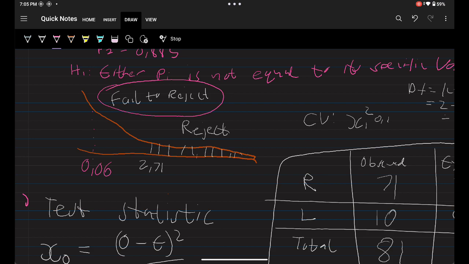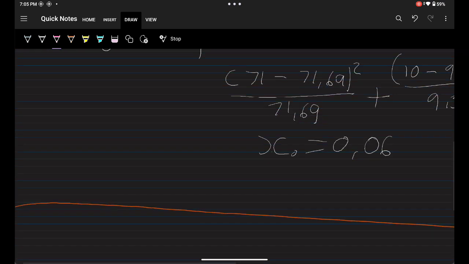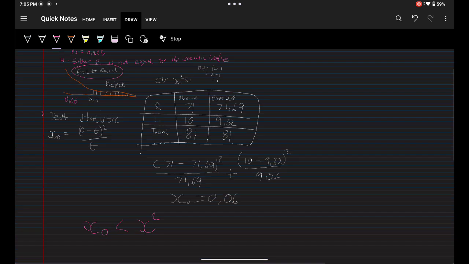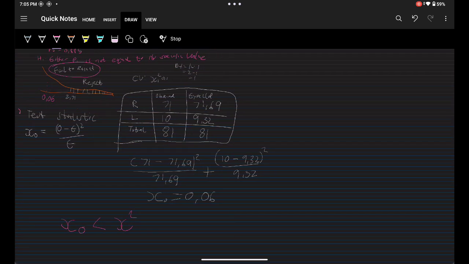So now all we have to do is write this down. First we have to make sense of what happened here, right? We can't just say fail to reject and be happy. We have to say that x0, which means the test statistic, is less than the chi-squared critical value, which is 2.71.